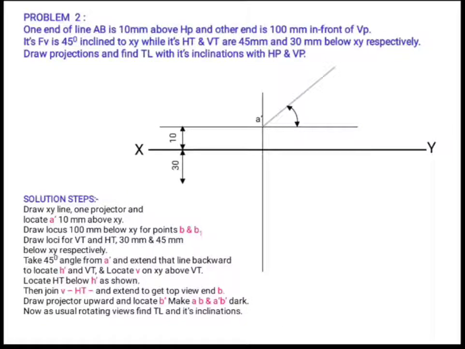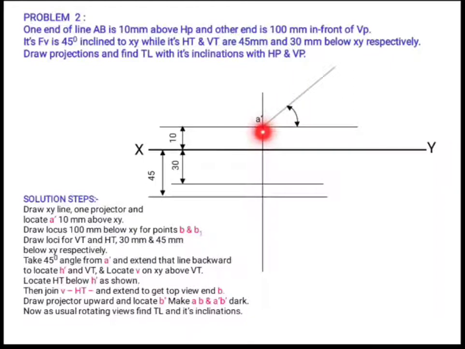So directly the positions of the horizontal trace and vertical trace are given. 30 mm below the XY line, a locus line can be drawn on which the vertical trace lies, and another locus line can be drawn at 45 mm, which is the locus line for the horizontal trace.